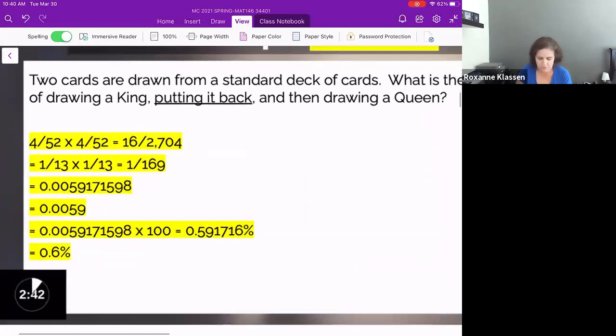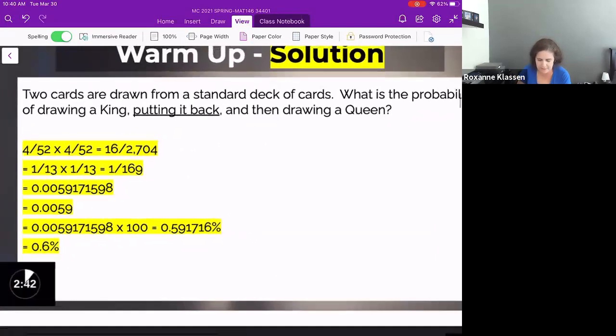You do 4 over 52 times 4 over 52, because there are 4 kings in the deck, and it says I put it back. Then there are 4 queens in the deck, and that simplifies to 1 over 13 times 1 over 13, which gives you 1 over 169.